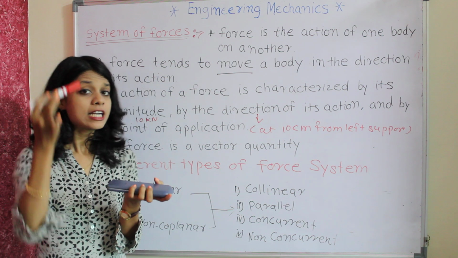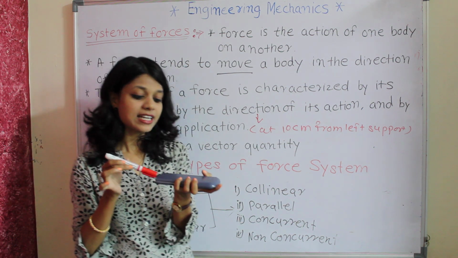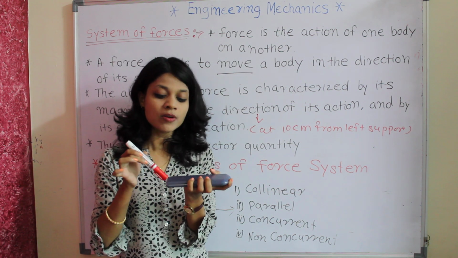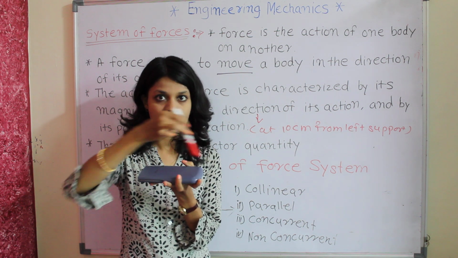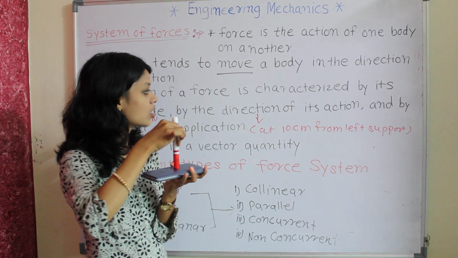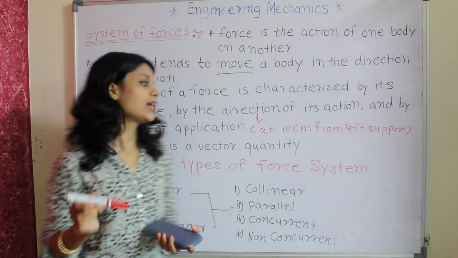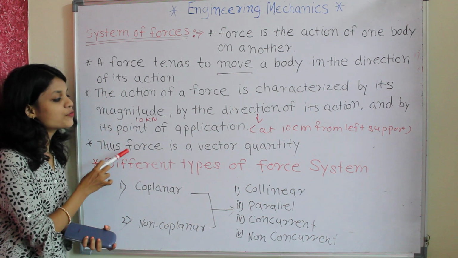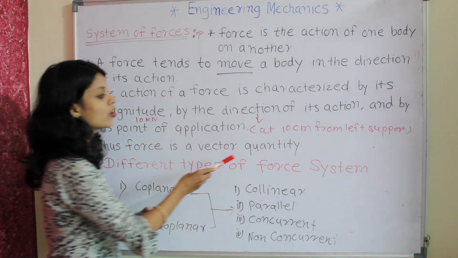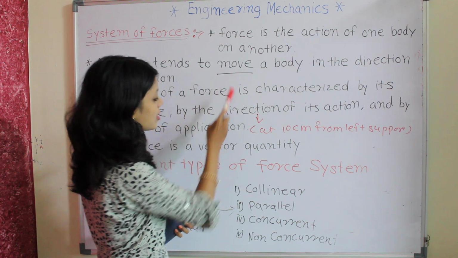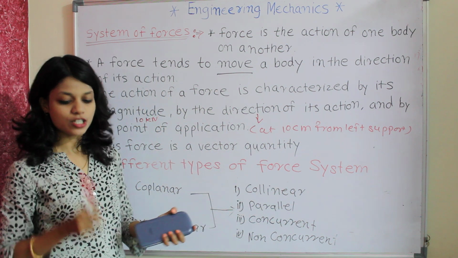Means we apply a 10 kN load at 10 cm from left side in downward direction. Right? Next, force is a vector quantity. Force is movable, therefore force is a vector quantity.